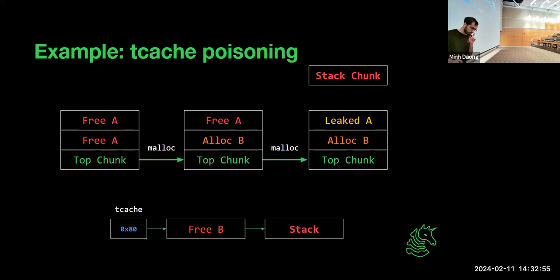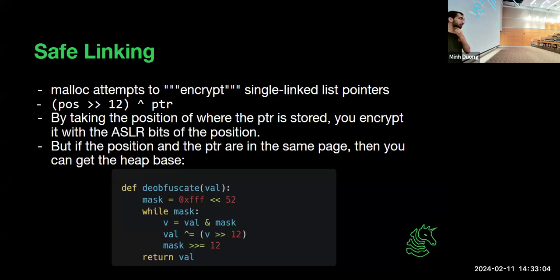I will say, if you try to do this exactly on the later versions of glibc, even past the T-cache, you'll run into a small issue called safe linking. This was a small patch introduced to kind of protect the T-cache and free list. The heap challenge that's available on the CTFd does not have safe linking, so you don't have to worry about it.